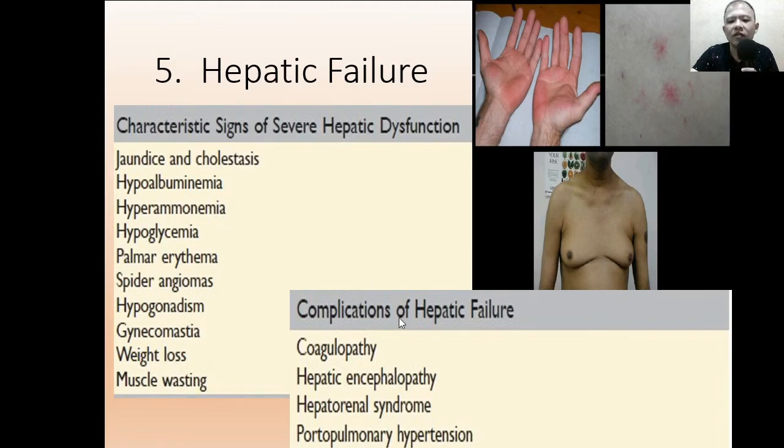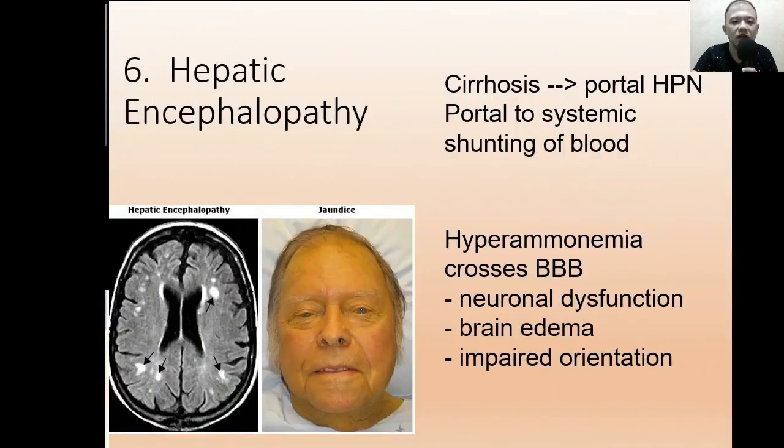Whereas the signs of hepatic failure are the following. You have coagulopathy, secondary to impaired production of clotting factors, hepatic encephalopathy, secondary to the retention of ammonia, and we also mentioned already hepatorenal syndrome, that is renal shutdown, portopulmonary hypertension, and hepatopulmonary syndrome.